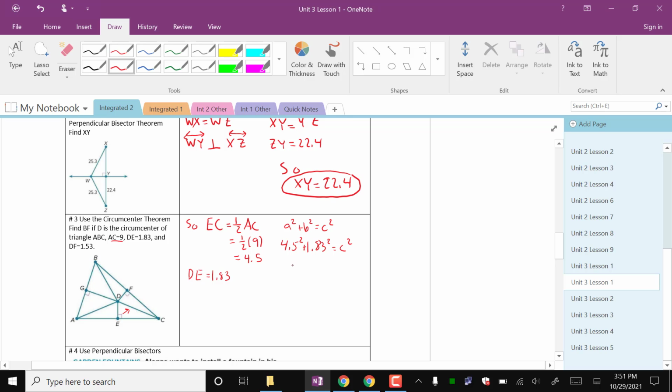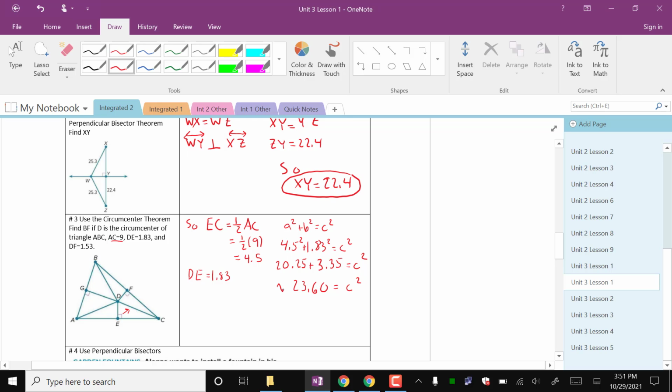So 4.5 squared is going to give you 20.25, plus 1.83 squared is going to give you about 3.35, equals c squared. Add these two together, so that's going to give you 23.60 equals c squared.